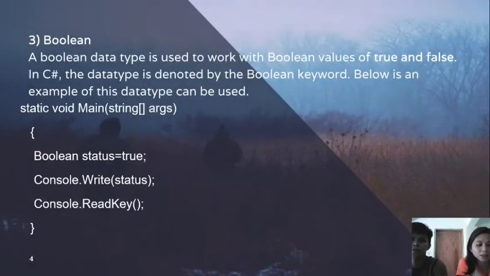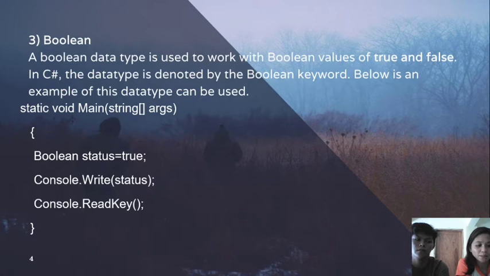Next, Boolean. A Boolean data type is used to work with Boolean values of true and false. In C Sharp, the data type is denoted by the Boolean keyword. In this example, we define a Boolean variable called status.